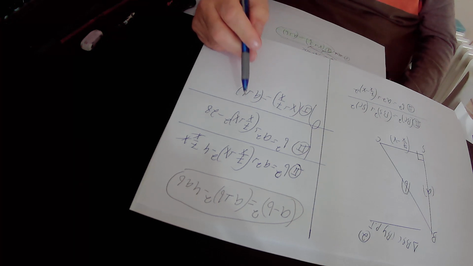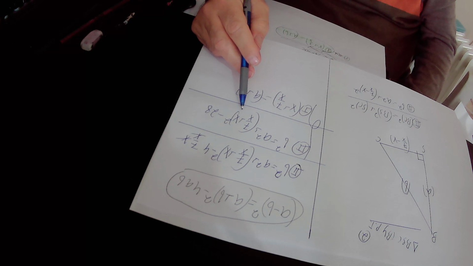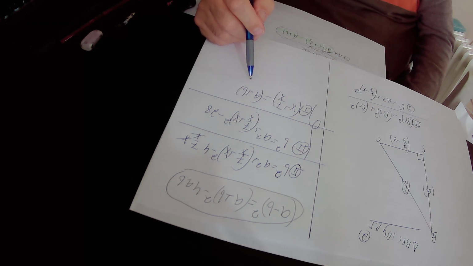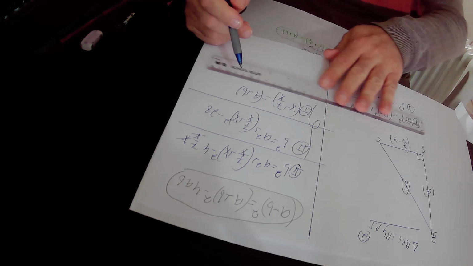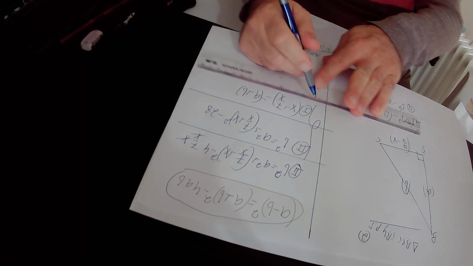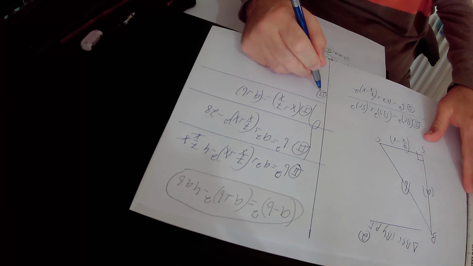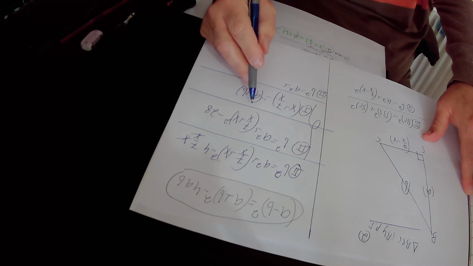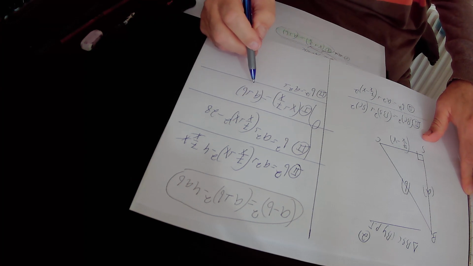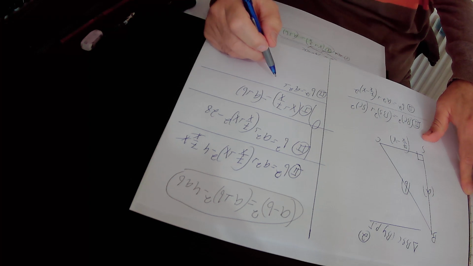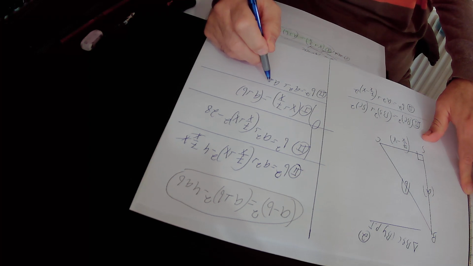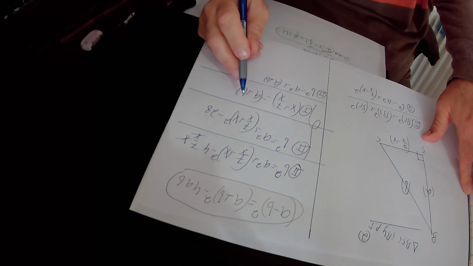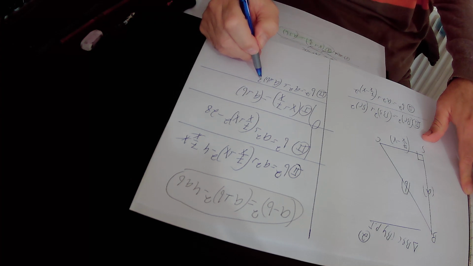Therefore, we can substitute x plus 7 over x in equation 2 by A plus B from equation 1. We'll get that according to equation 2, B squared equals A squared plus (7 over x plus x) squared, and x plus 7 over x is A plus B according to equation 1. And therefore (7 over x plus x) squared will be equal to (A plus B) squared minus 28.